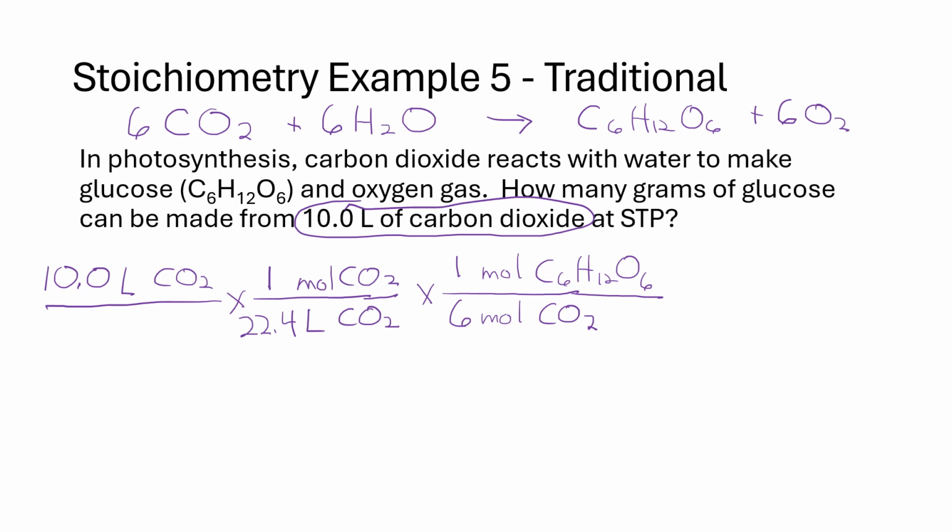But we weren't asked for moles, we were asked for grams. So we need to add one more step, and that is that for every 1 mole of glucose, we're going to have the molar mass, which I forgot to copy from the previous slide. I believe that was 180.18 grams of glucose.